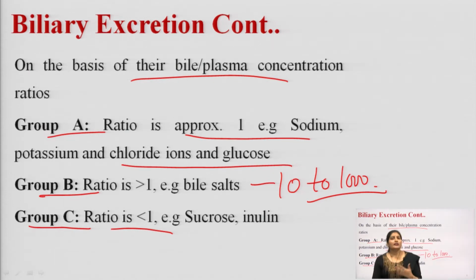Now, there are several factors that can influence the secretion of drug in the bile. As I explained in the last lecture about the factors affecting renal excretion of drug, there are also certain factors involved in the excretion of drug in the bile.